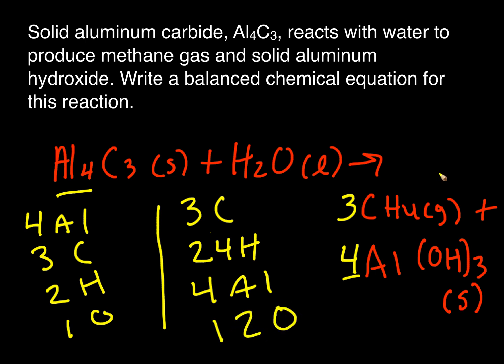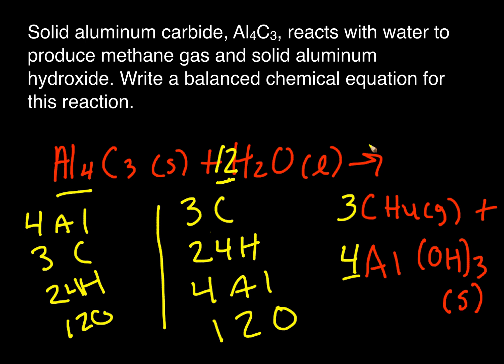When I look at this, what am I going to need to put for this water here to make sure my hydrogens and oxygens equal each other? I think it's going to be a coefficient of 12. If I do that, I would then have 24 hydrogens and 12 oxygens, which would make each element equal on both sides of the arrow.